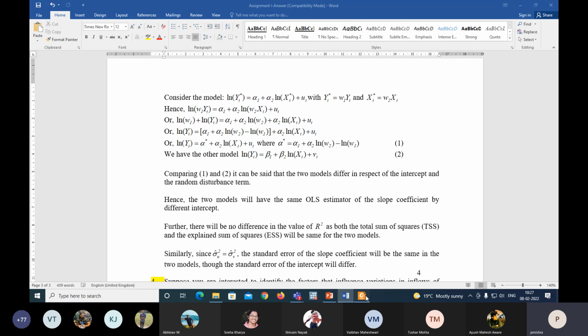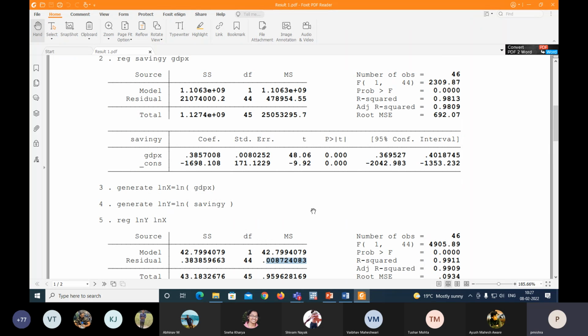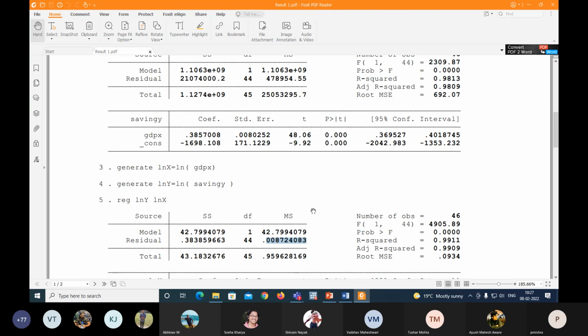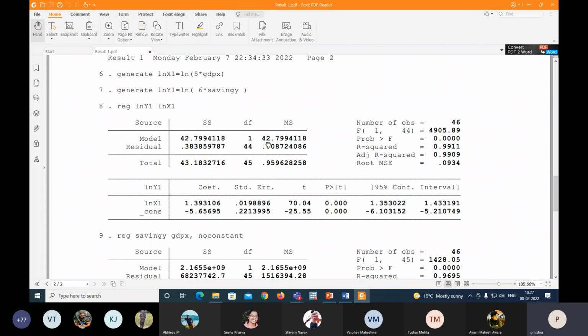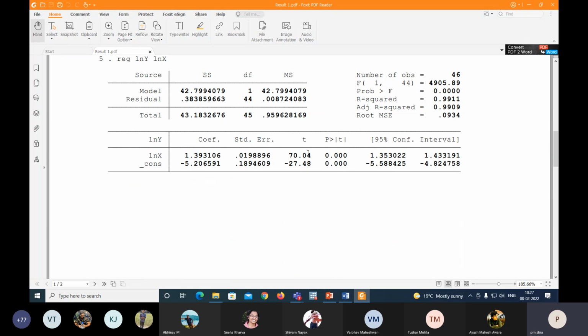And if you see these regression results, here you see this is the mean of RSS. And here you see the mean of RSS for this other model, 4086. Here also you can see they are largely converging.